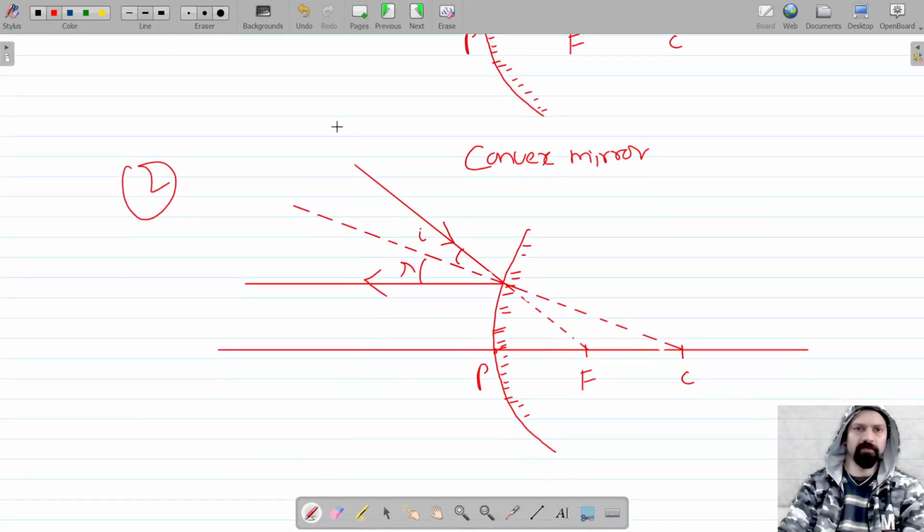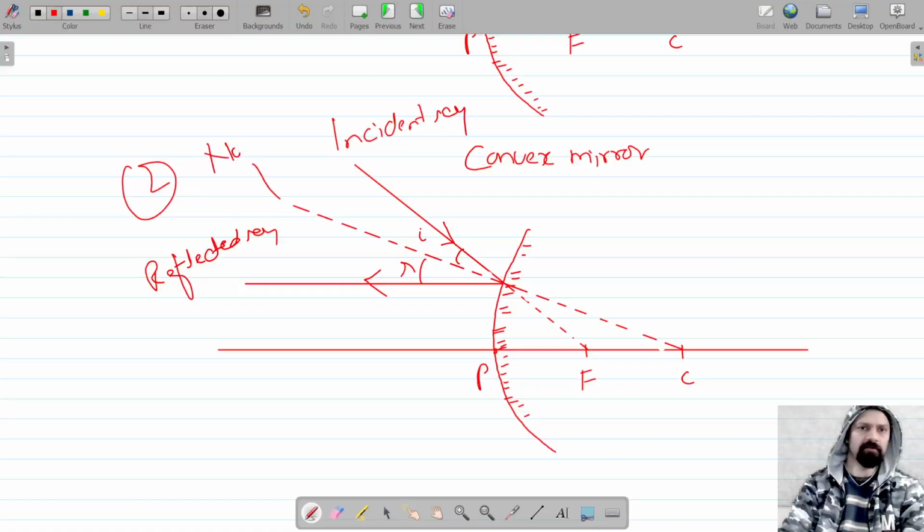Here also this is the incident ray and this is the reflected ray and this is the normal.